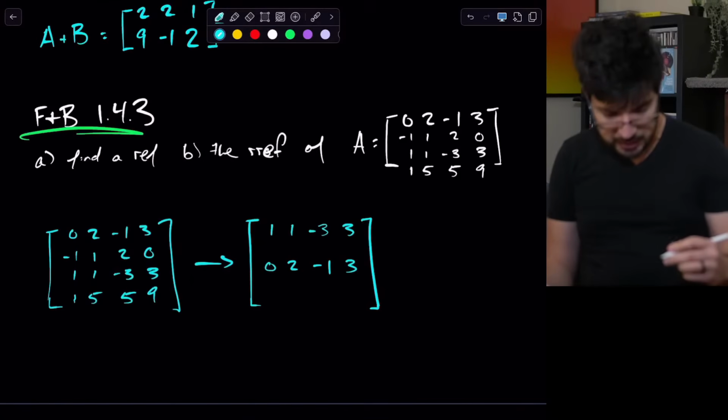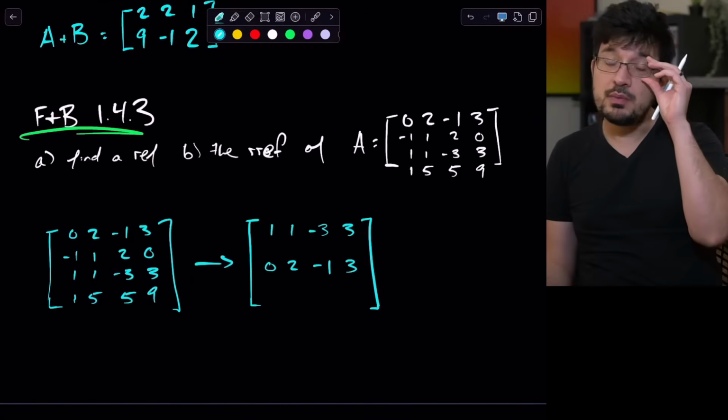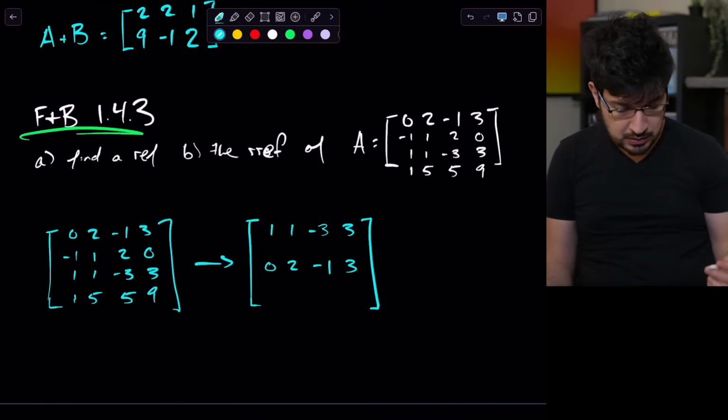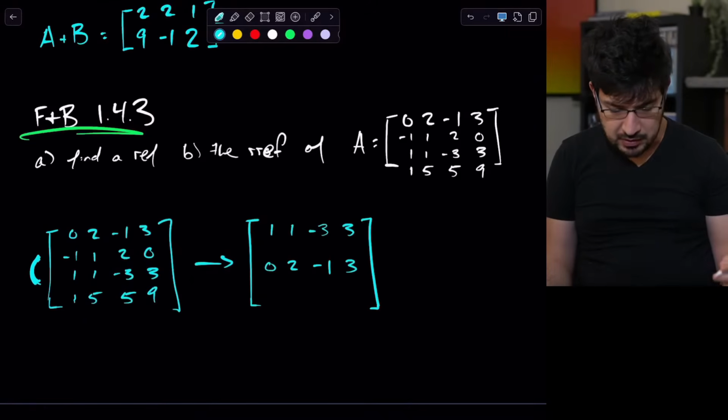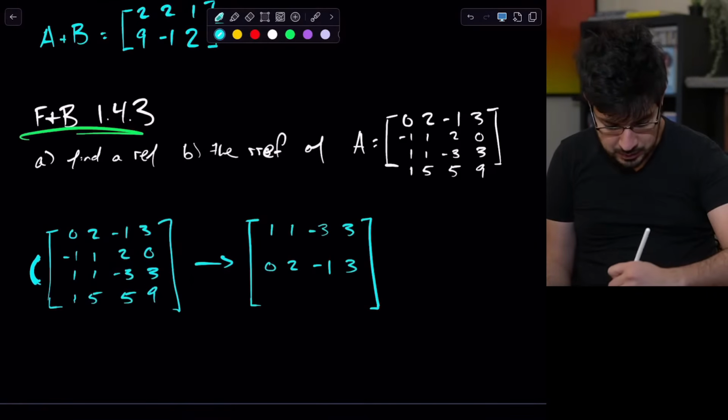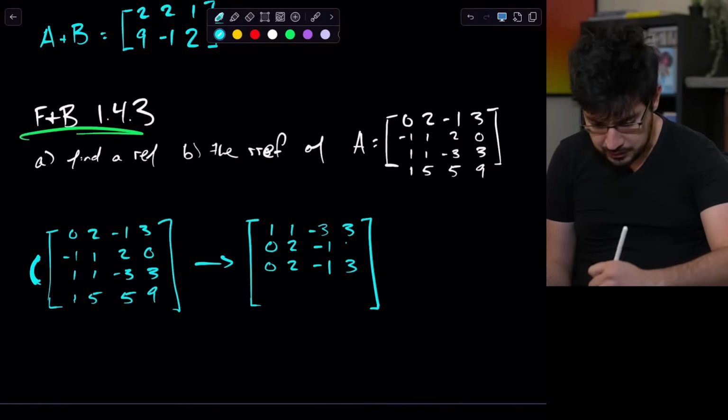We don't need to track our moves in this one, so I'm also just going to add the second and third rows to get a 0 in the second row. So 0, 2, -1, 3.